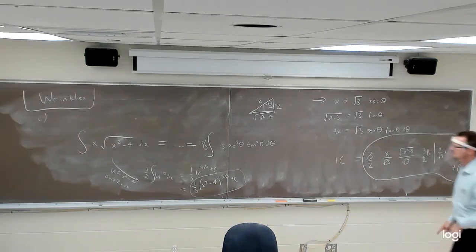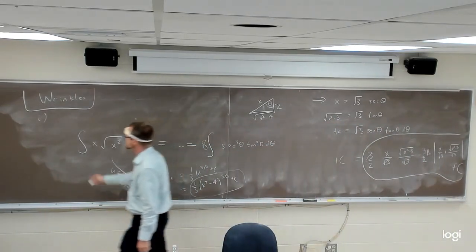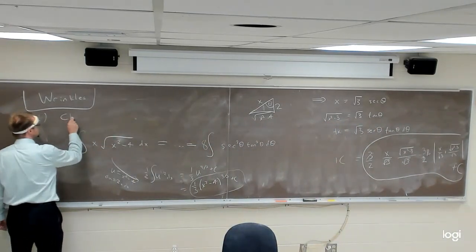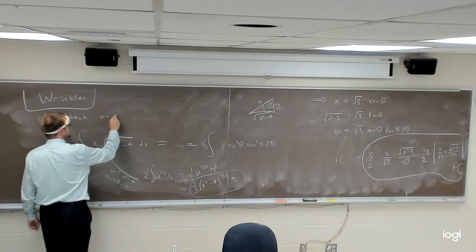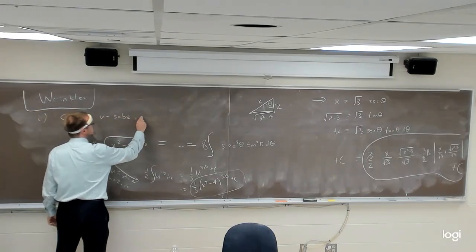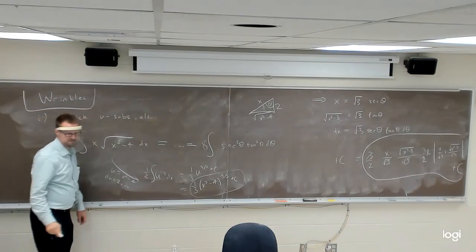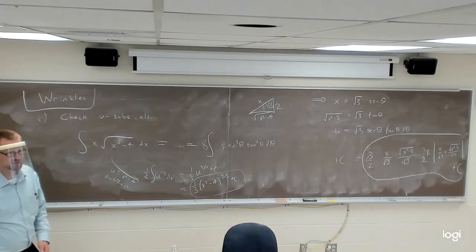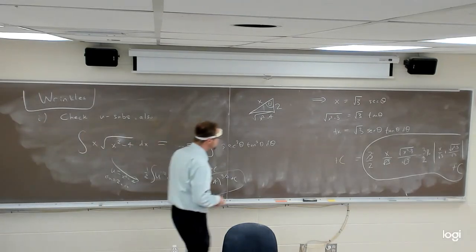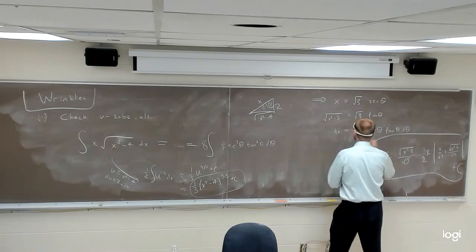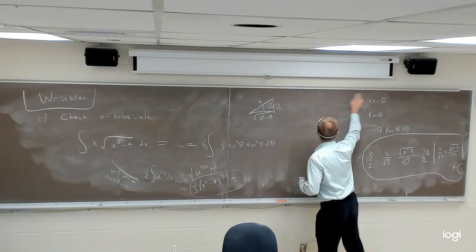Okay. So one of the first admonitions is check u subs also. You may not have to do trig at all in a problem that looks trigish. See if you can save yourself.